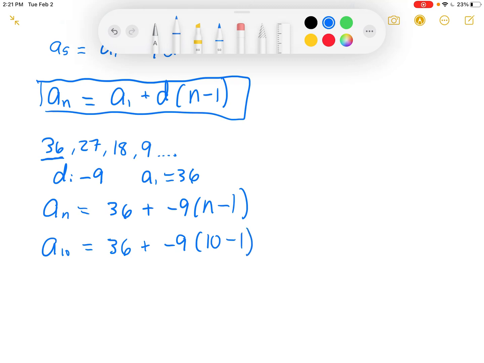Now from here, it's a pretty simple order of operations problem. 10 minus 1 in parentheses is 9, so then we have negative 9 times 9. So 36 minus 9 times 9 would be negative 45. So A10 is equal to negative 45.